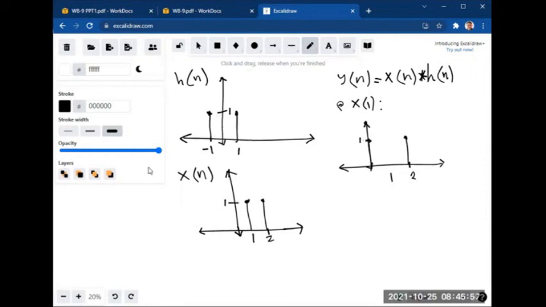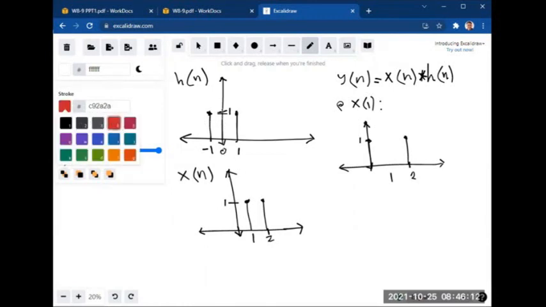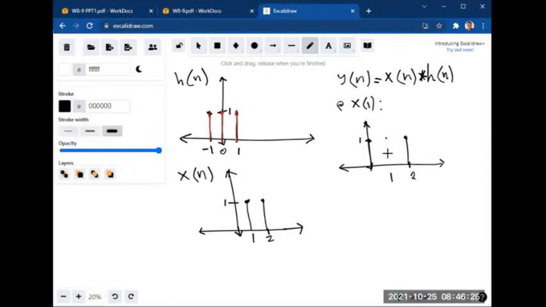So maybe to lessen your confusion, I'll just add another signal here at time 0. Again, this is our h of n. We have 3 impulse signals.